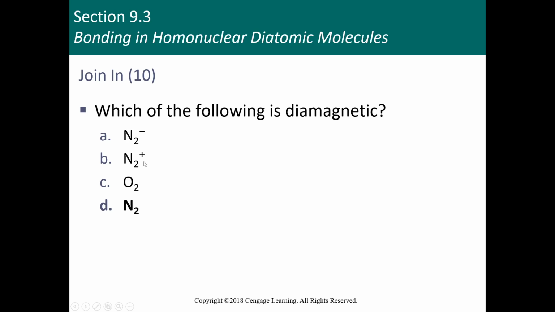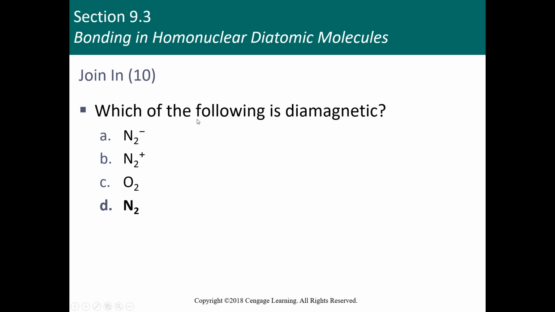Now notice that when you remove an electron, you automatically cannot have them all paired up, can you? Because you don't have an even number of electrons. You can't divide an odd number by 2. That would give you a fraction, right? And so automatically, because we've added or subtracted 1 electron from an even number, these are not all paired up.